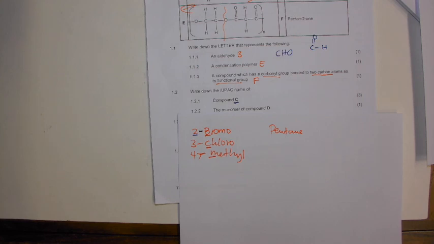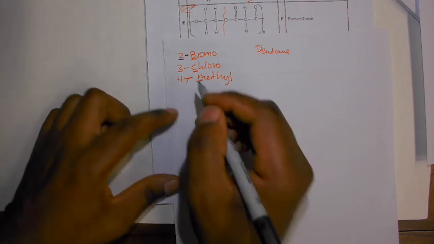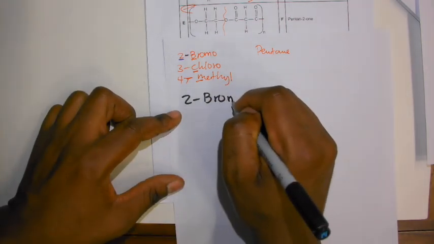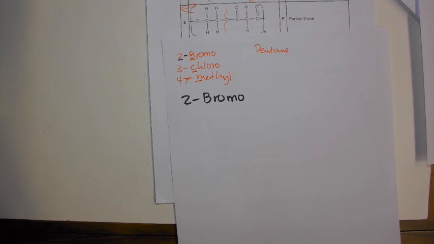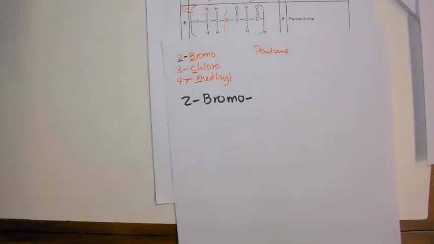So now let's come up with the whole name. We have everything that comes up there. Our full name for this structure is equal to 2-bromo, okay? And a letter and a number are separated by that hyphen. Do you guys remember that? And then what comes after that?